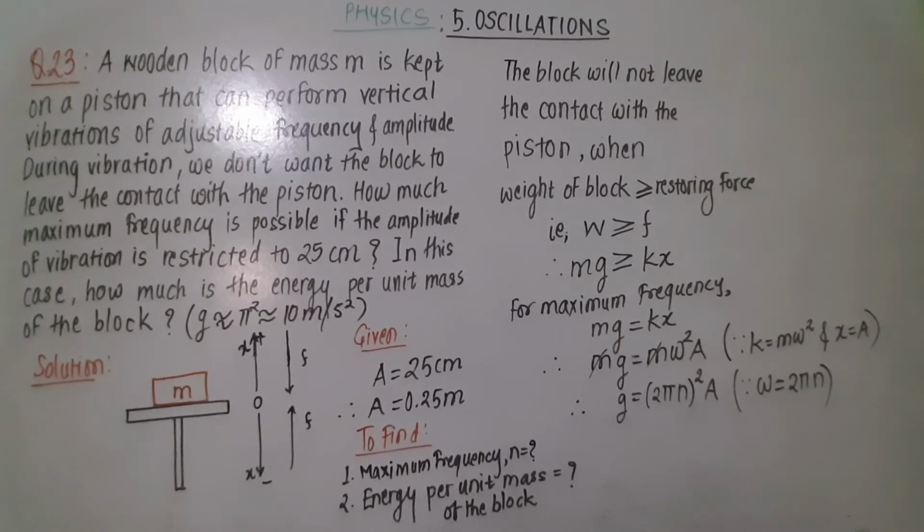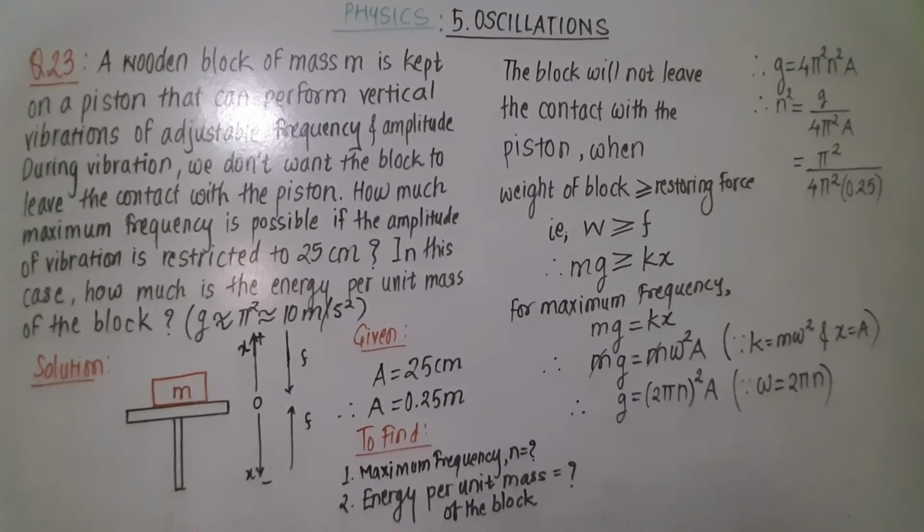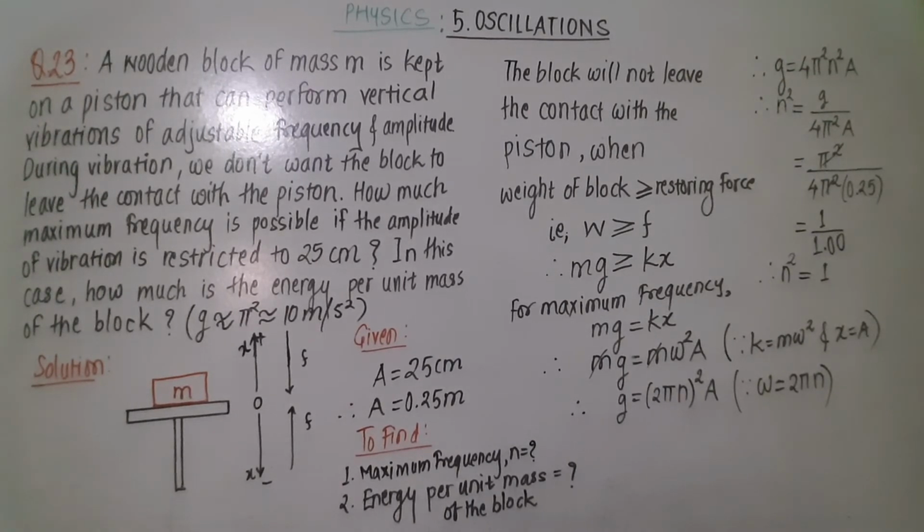Now simplify for n, substitute g is equal to pi square. So pi square will get cancelled. 4 into 0.25 is 1. So we get n square is equal to 1. Therefore n is equal to 1. So maximum possible frequency is 1 Hertz. Write with proper unit.